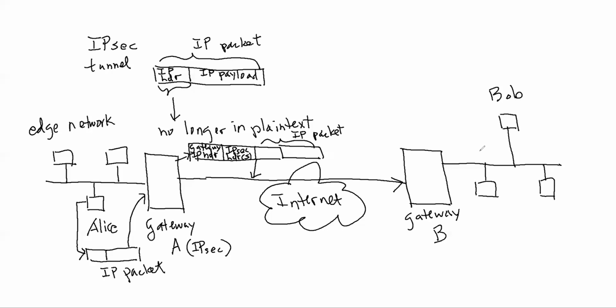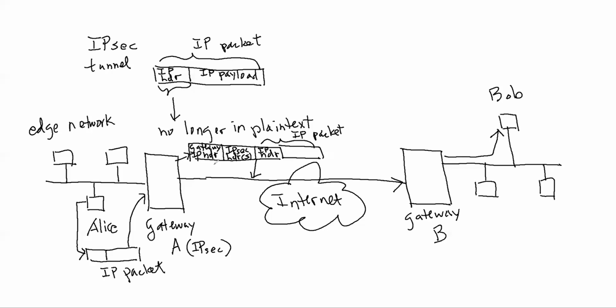And once that's stripped off, it has the IP header that has Bob's machine's IP address as the destination. So then the gateway will forward this packet to Bob's machine. So that is how tunnel mode works.